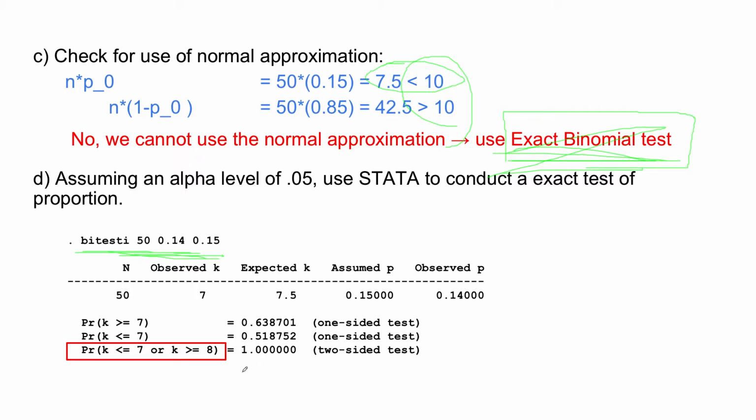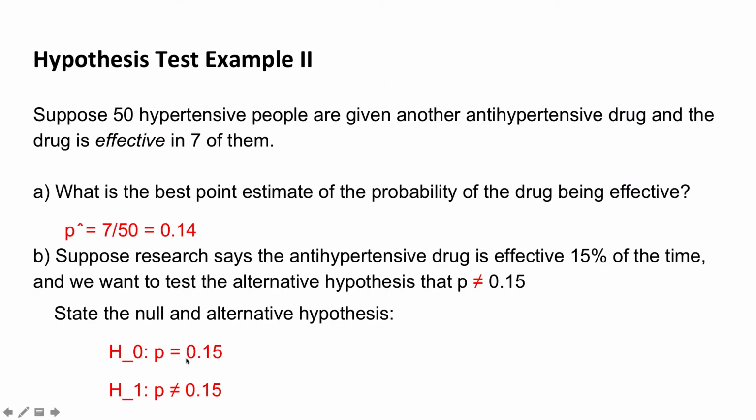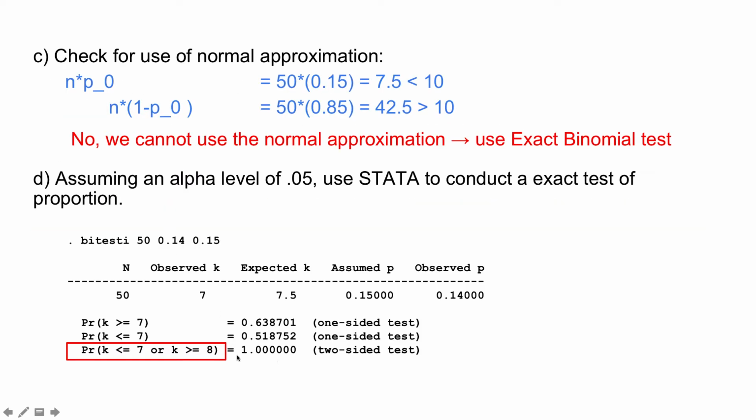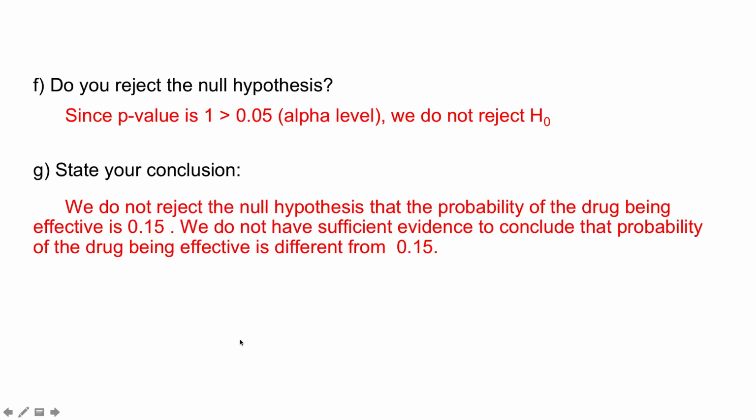So this is the result. We are doing a two-sided test because it's two-sided. Since p is 1, which is greater than 0.05, we do not reject.